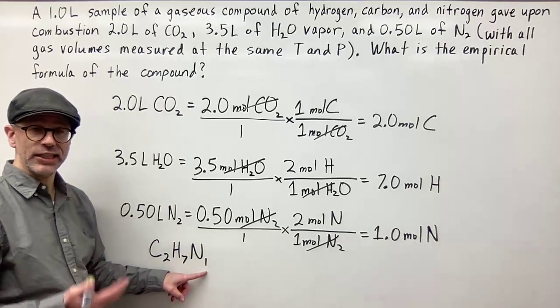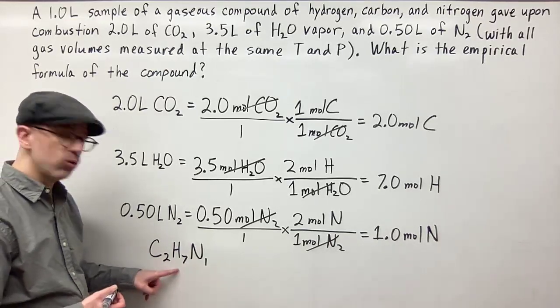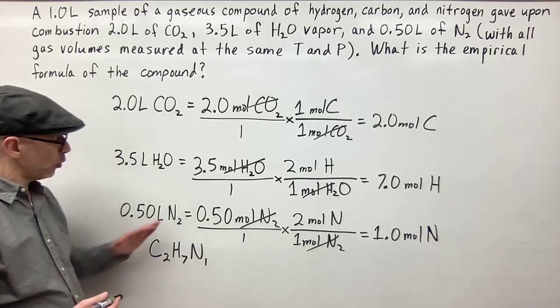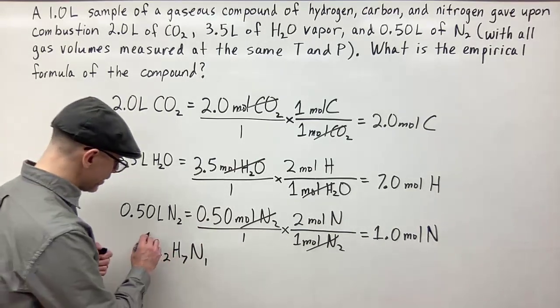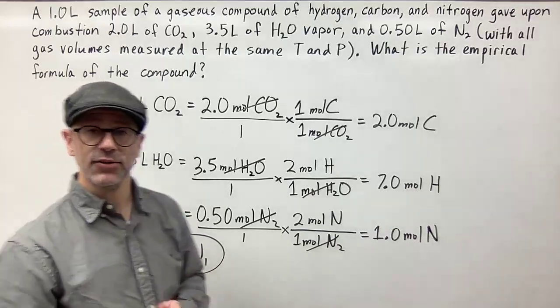The smallest here is 1. We end up with the same number, and all of these are whole numbers, so we don't have to multiply to get them into whole numbers. So we're done. This is the empirical formula for this substance. And that's how you do it, ladies and gentlemen.